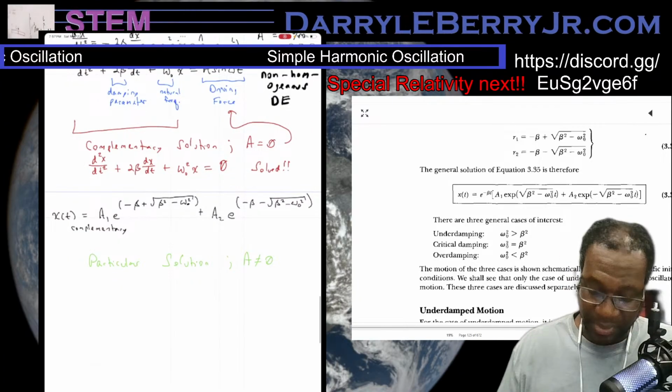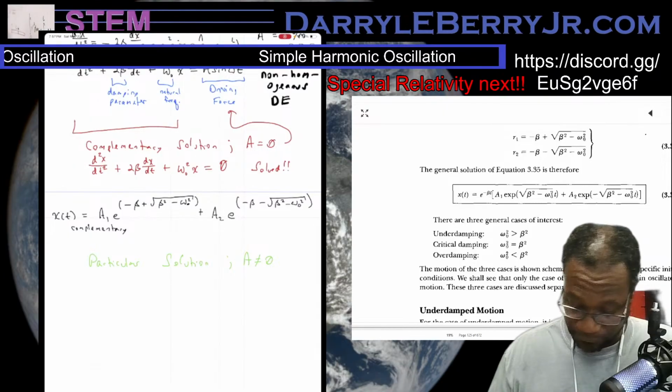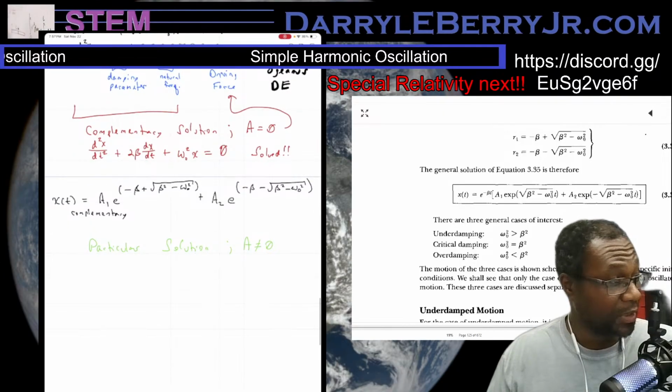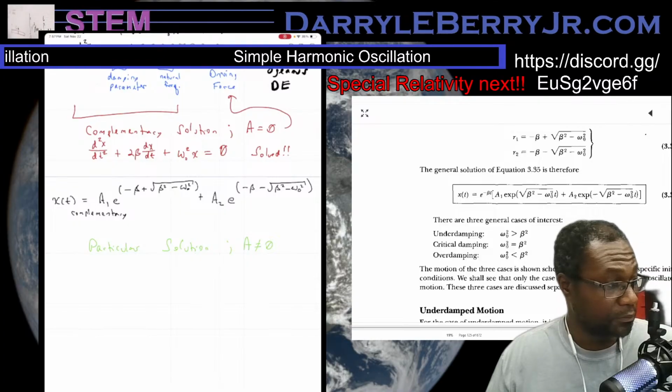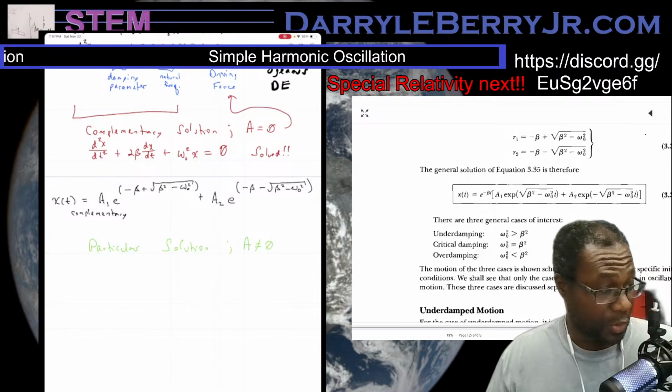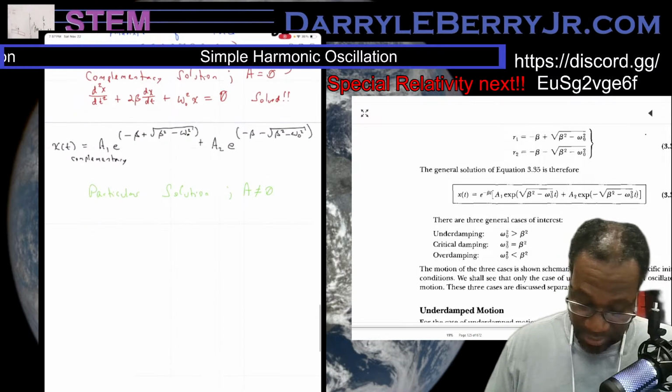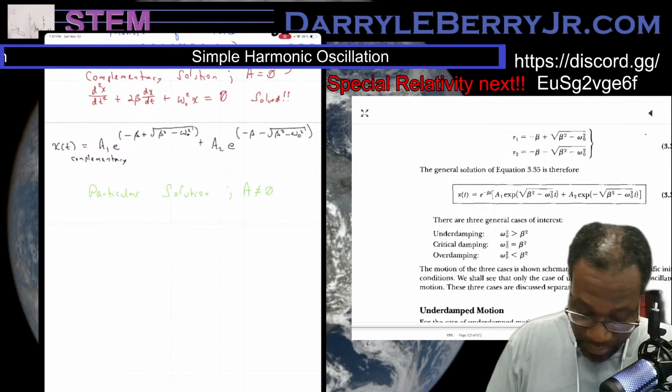And the general solution will be the sum of both of these. So we'll get to that point. So we're going to guess a particular solution. And this is going to work quite interestingly. So check this out.